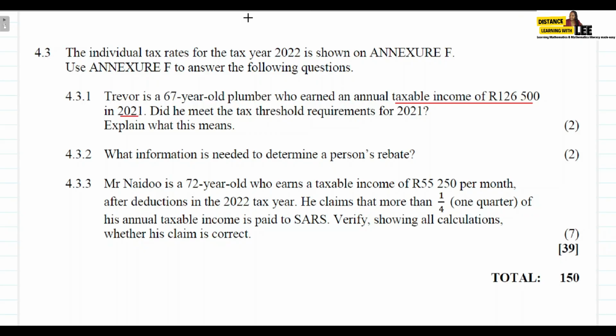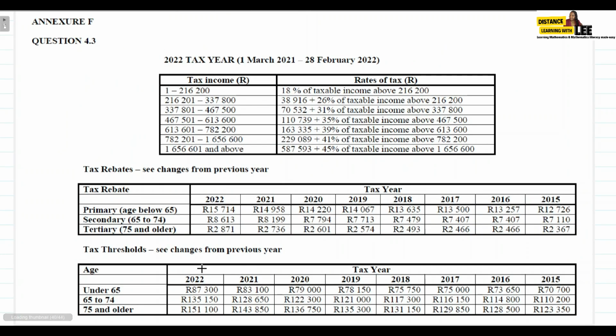2021, right? So we're going to go to our tax threshold table and see if this amount is above the tax threshold, okay? And if it is above, that means that he has to pay tax, but if this amount is below the tax threshold, that means that he does not have to pay tax. So let's have a look at the table. We are focusing on the year 2021, okay?